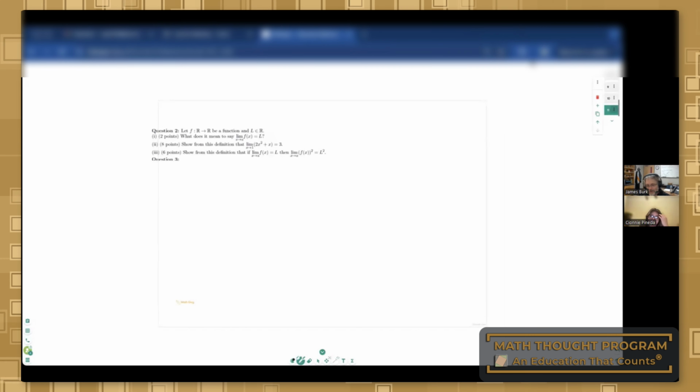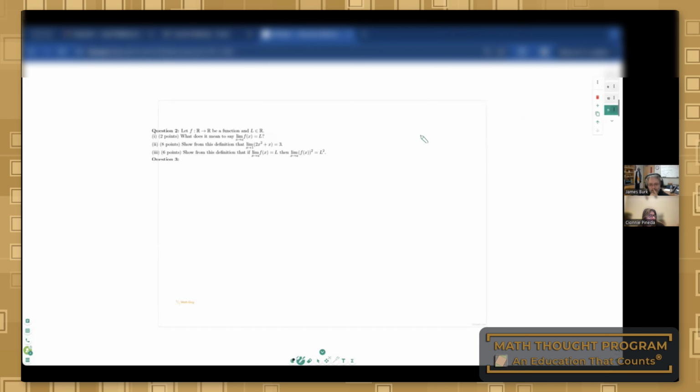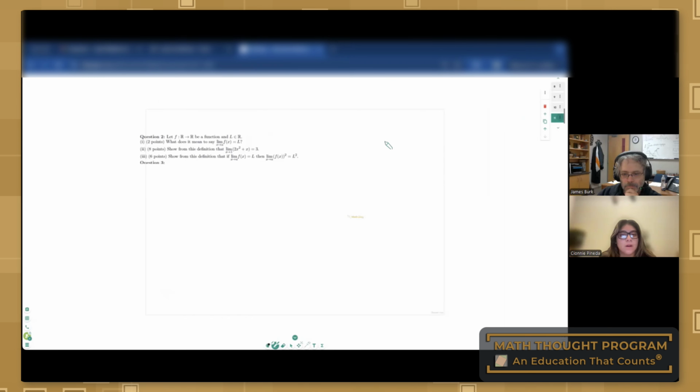Okay, so we're going to talk a little about limits here today. What are you struggling the most with in limits? I guess I'm not really familiar with quadratic equations when it comes to these problems.